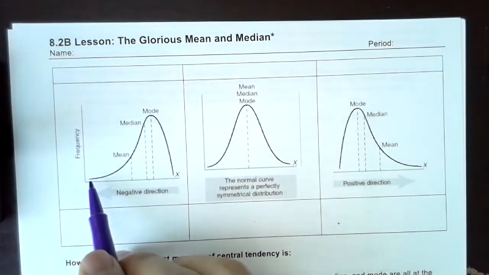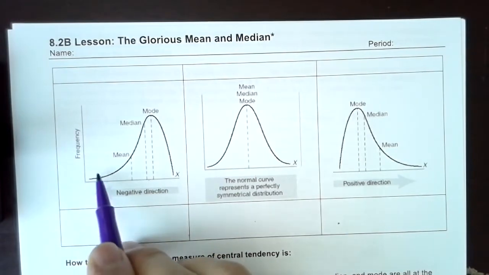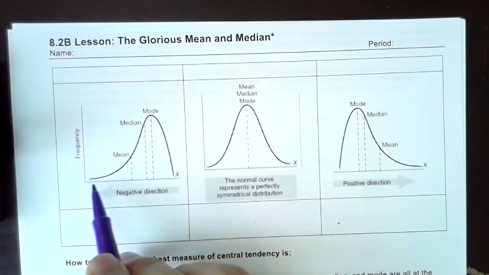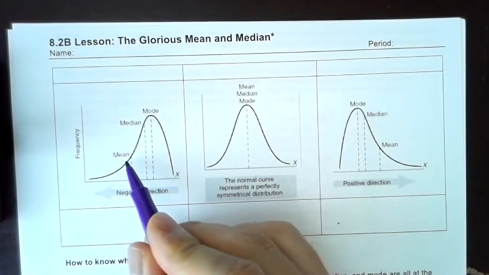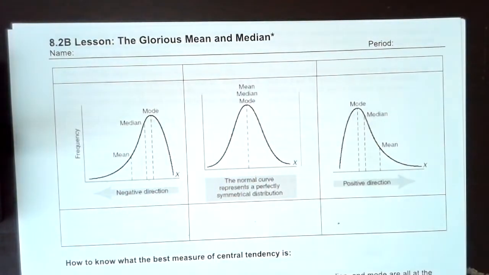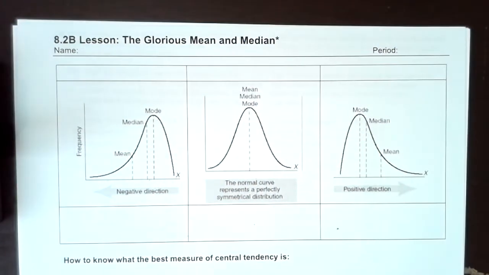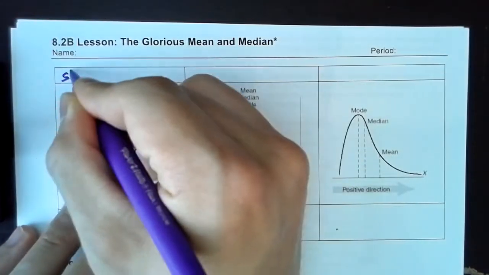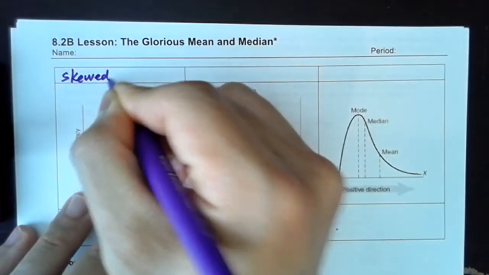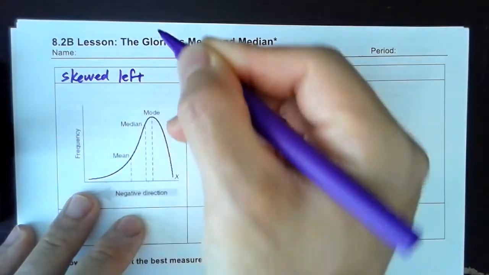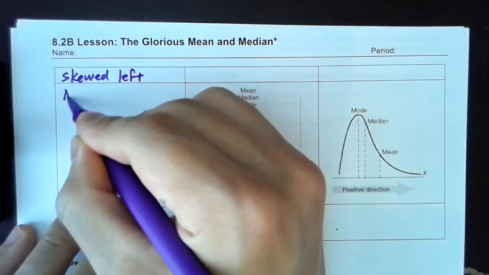So there are a certain amount of low values that are pulling the average down. And this is what we call skewed left. Sometimes we also call this a negative skew.